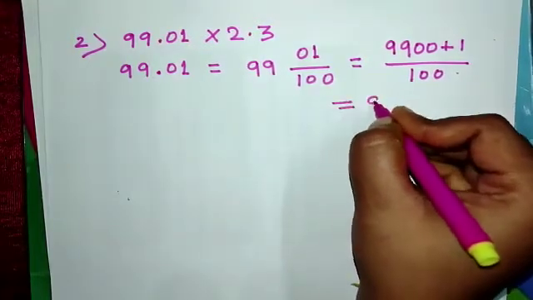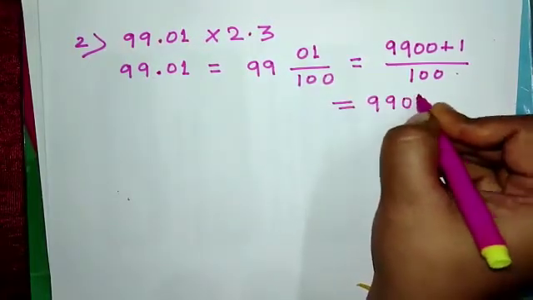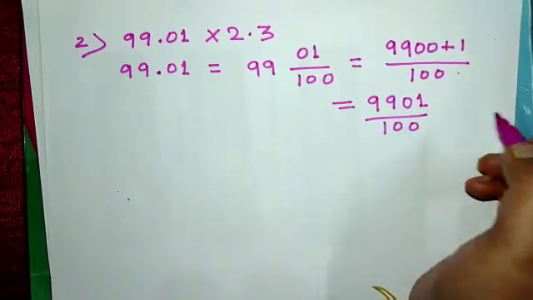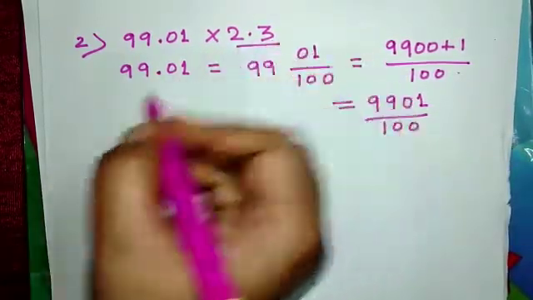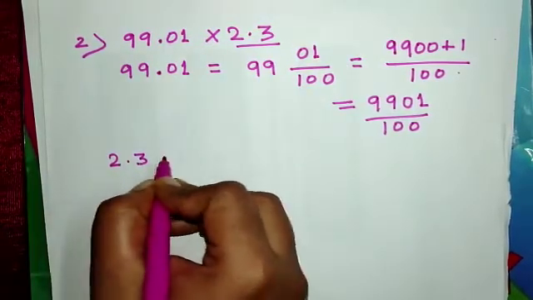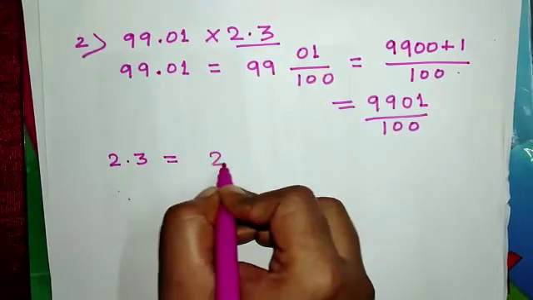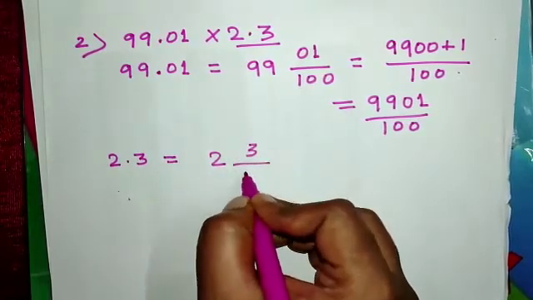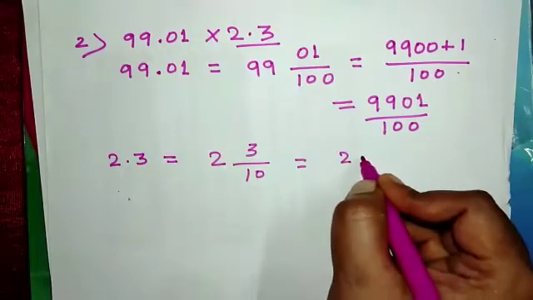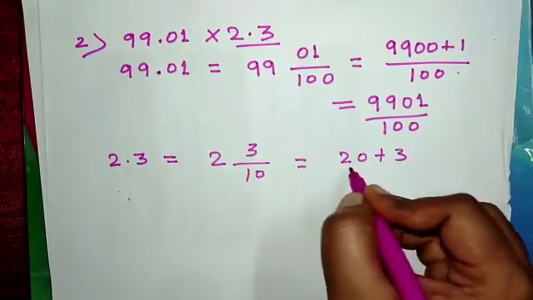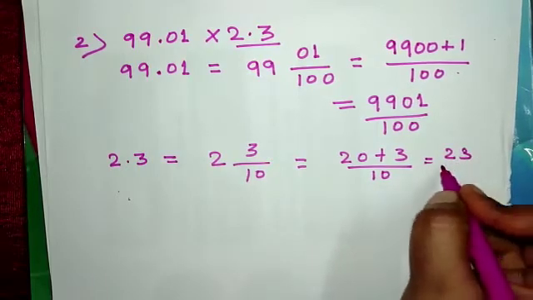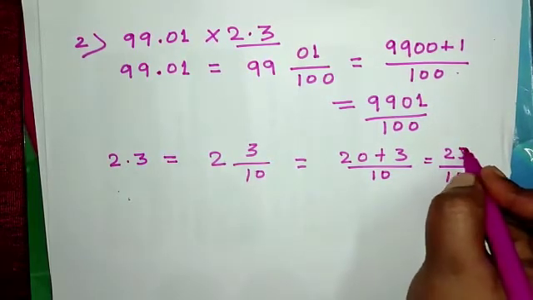So we will get 9901 divided by 100. Same, we will write 2.3 is equal to 2, 3 by 10. Again 20 plus 3 divided by 10, we will get 23 by 10.